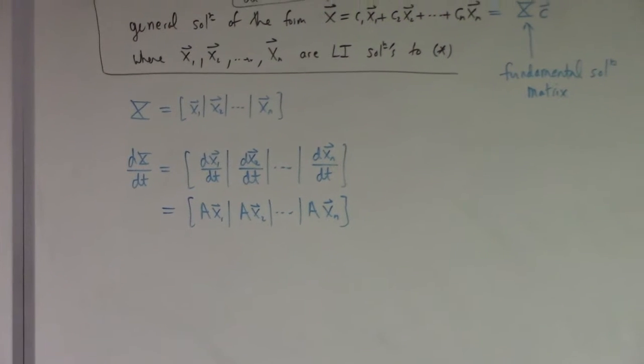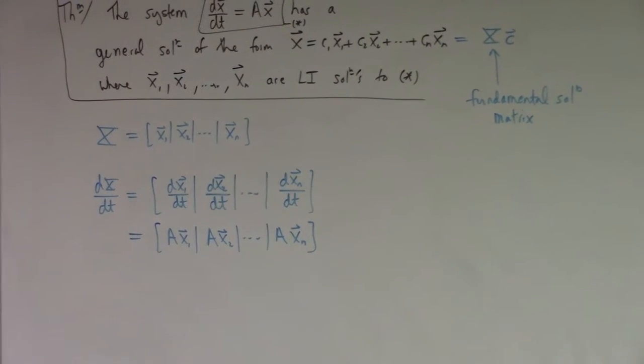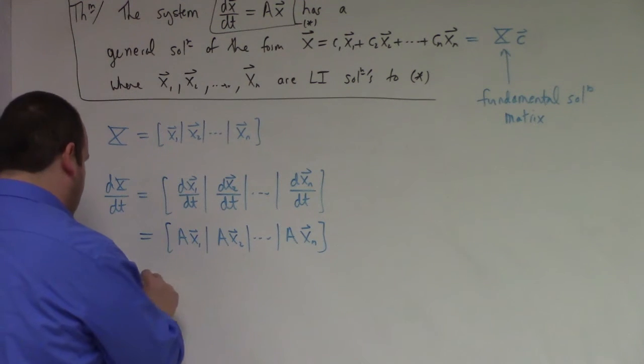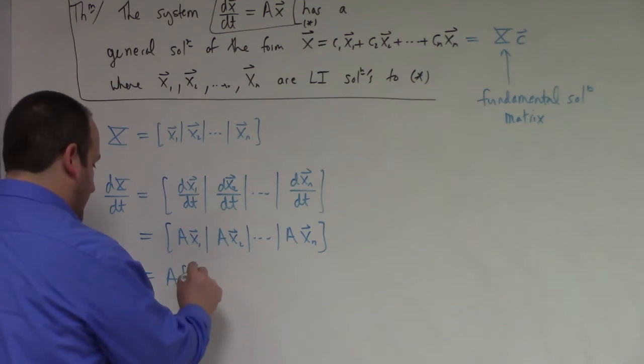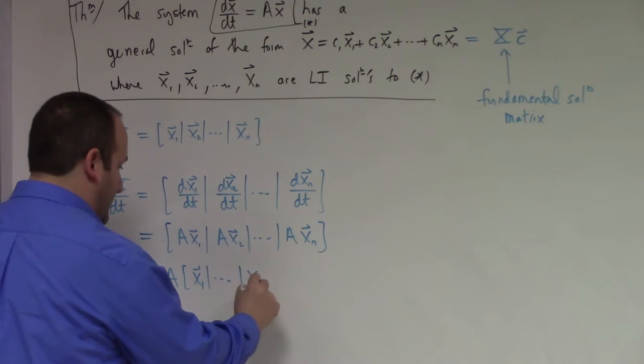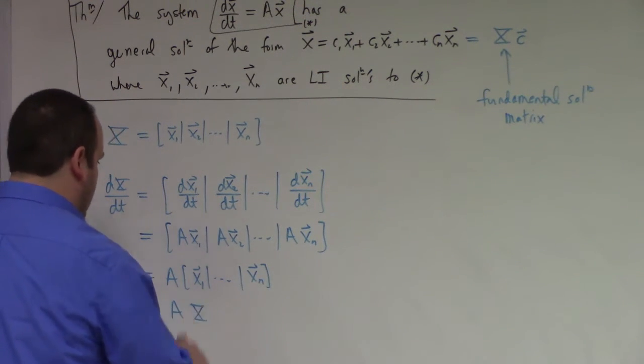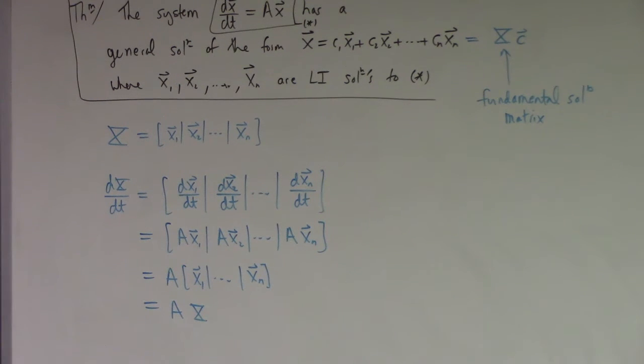But what can we do then? What do we know about matrix multiplication? We have the concatenation proposition, right? We can peel that A out, and we can rewrite this as A times x1 concatenated all the way down to xn, right? In other words, A times x. So a fundamental solution matrix, a matrix which is comprised of the concatenation of column vector solutions, is necessarily a solution to a corresponding matrix equation.